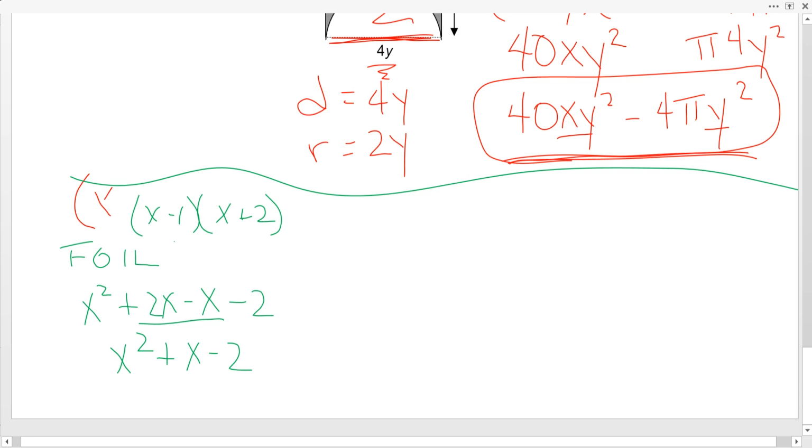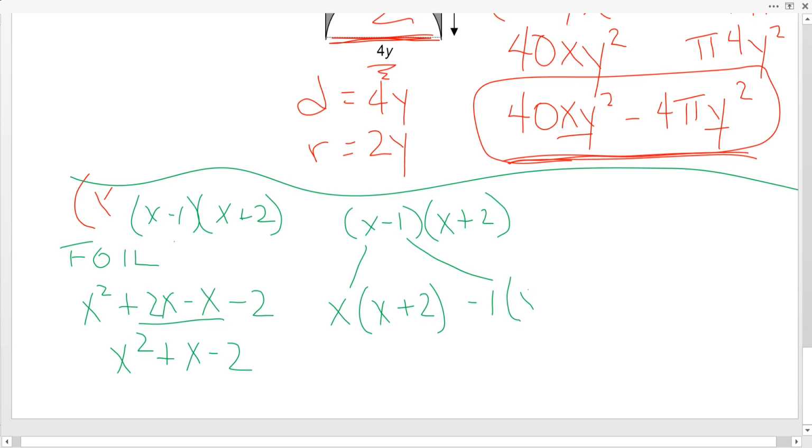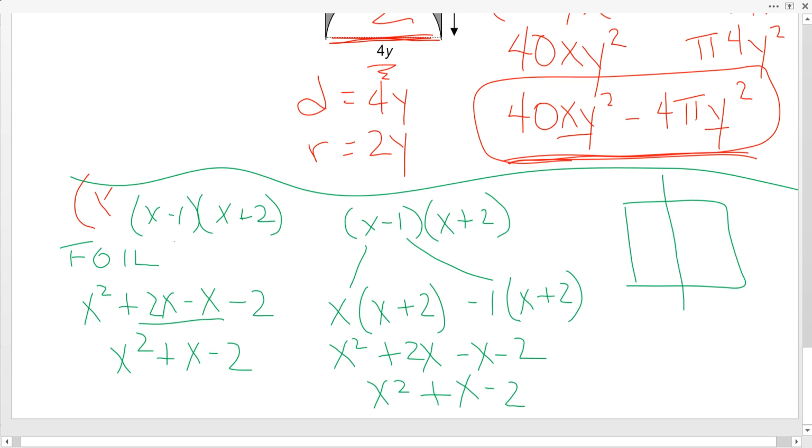Okay, I can double distribute. I can split up my x minus 1 and multiply both of those terms times x plus 2. And I end up with x squared plus 2x minus x minus 2. Oh, look, it's the same. Okay, and then the last thing I can do is I could draw a box.